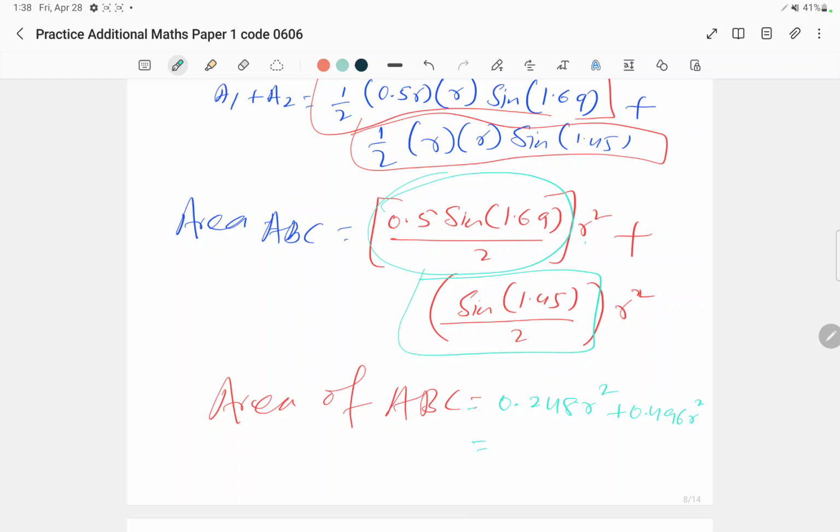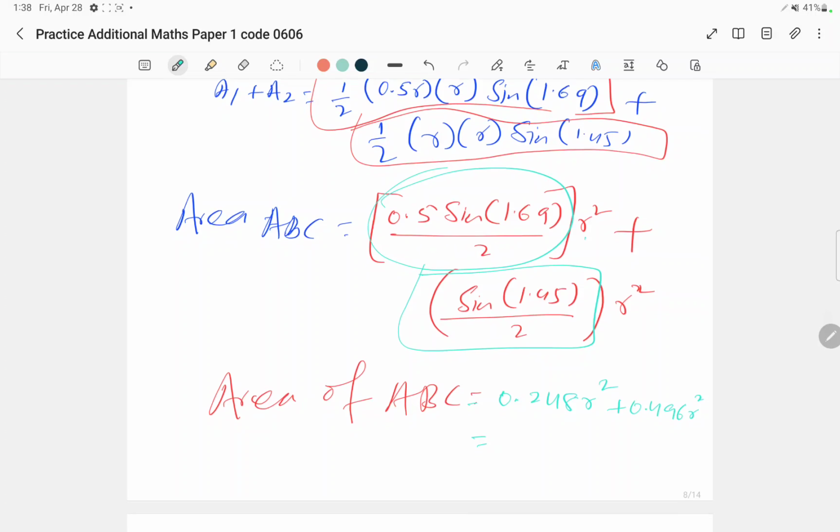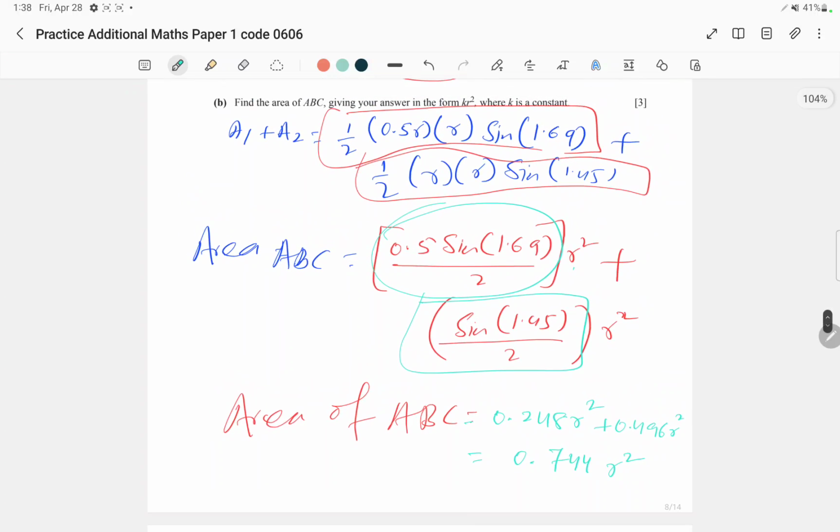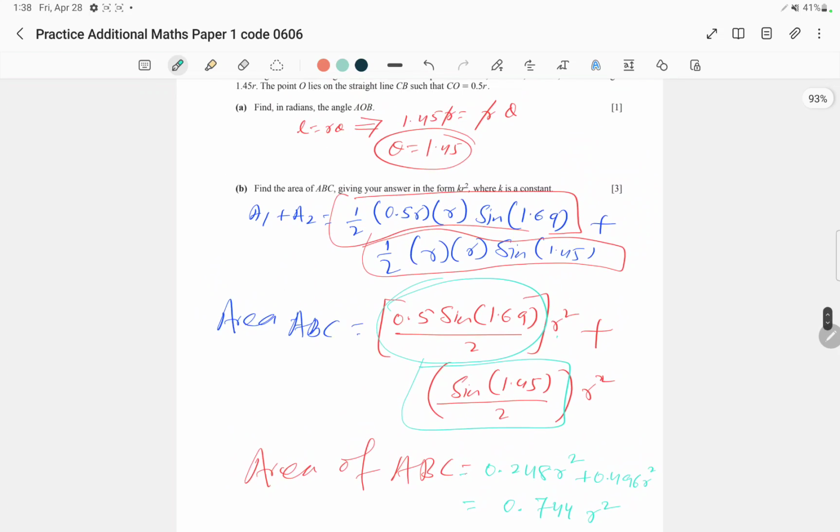So I got 0.744. So I got the answer 0.744 r squared.